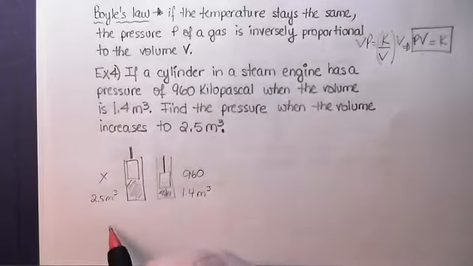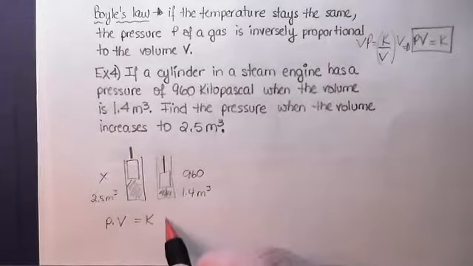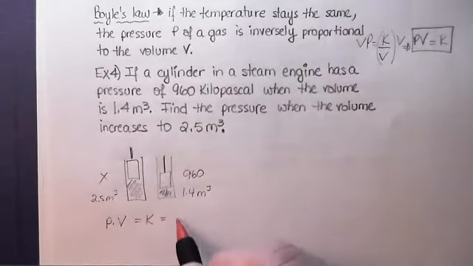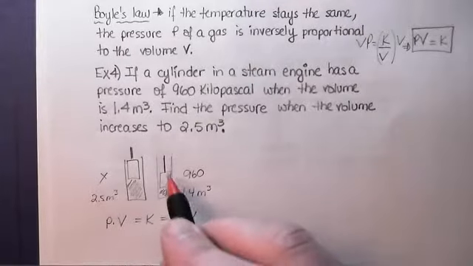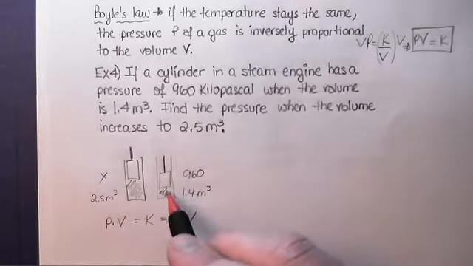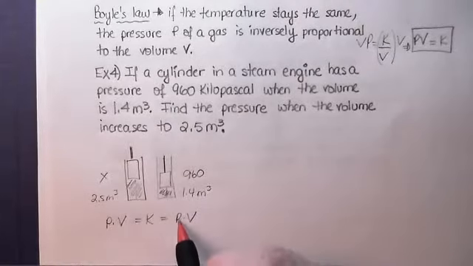Notice that if I take the pressure times the volume here, that's going to equal a constant, and that constant is the same as if I multiply the pressure times the volume of this other situation. So in other words, P1V1 equals P2V2.